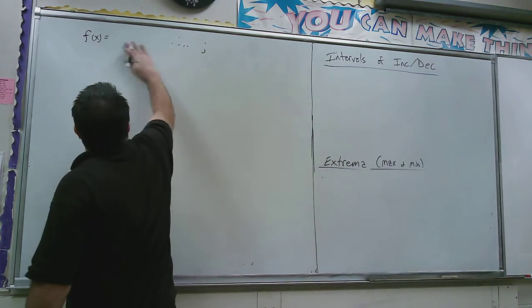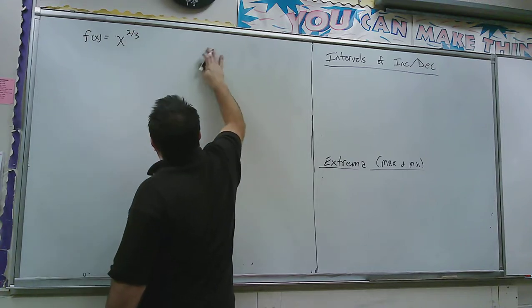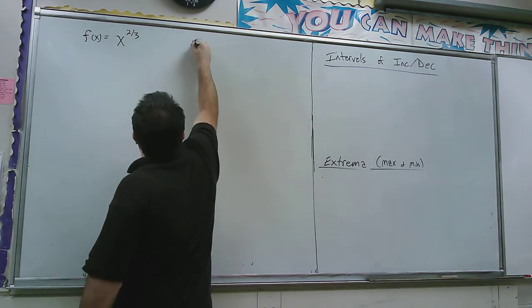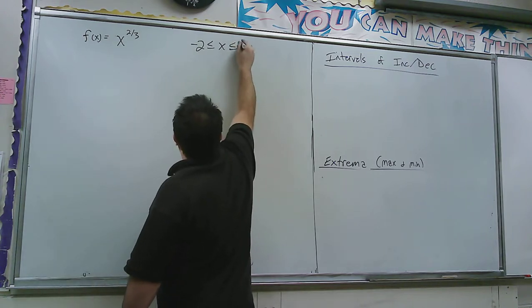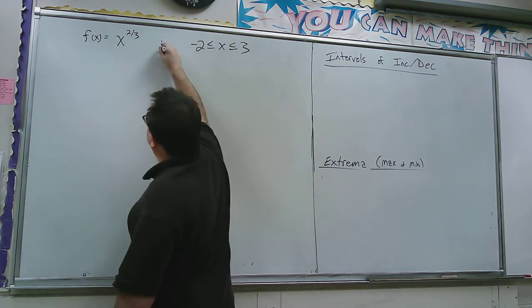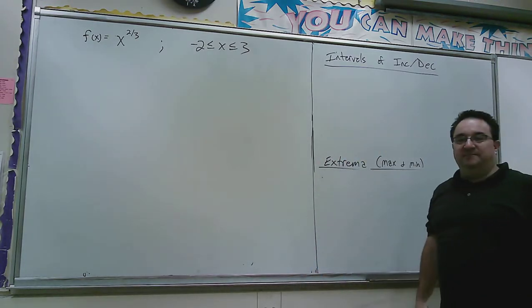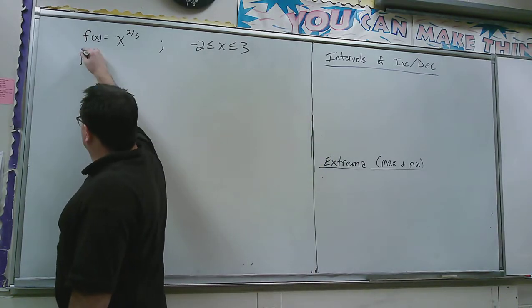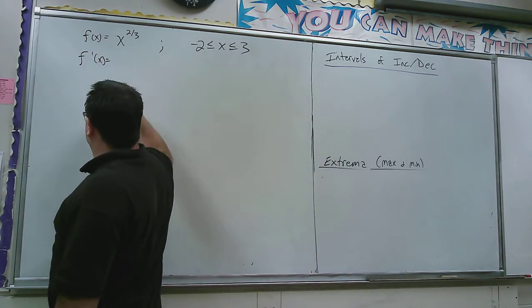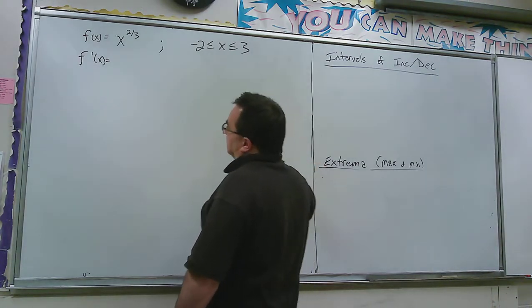So let's change our function and let's make it x to the 2/3. And I'm going to restrict the domain like that. Okay, so let's see what the math tells us. I know I have to take a derivative. So the first thing I do, I kind of already made a list.